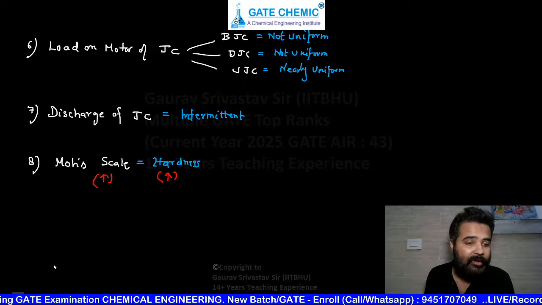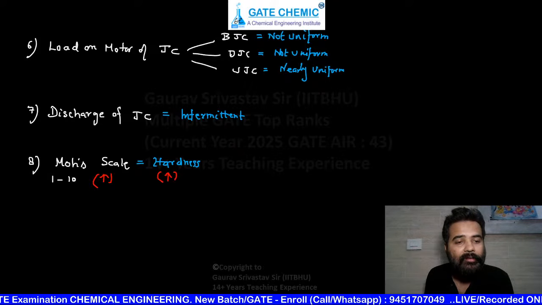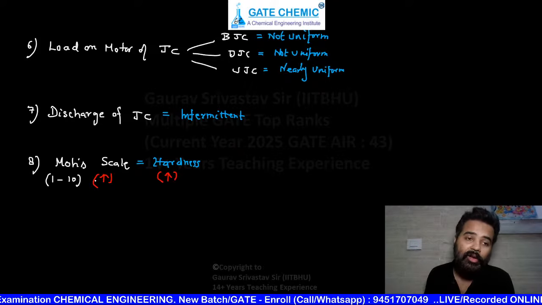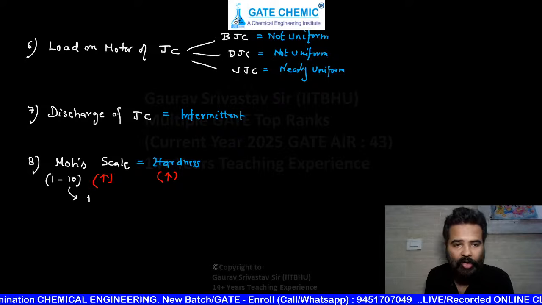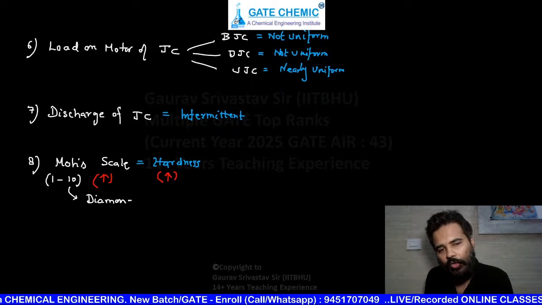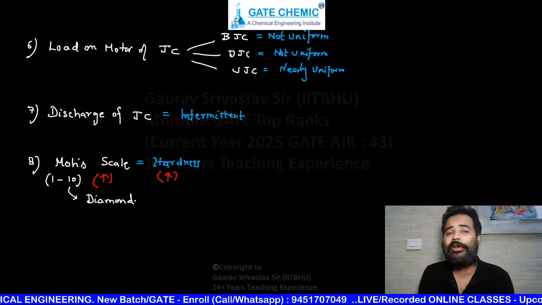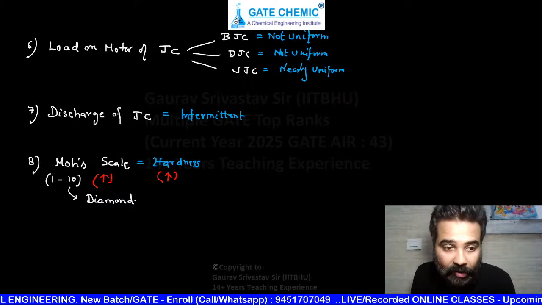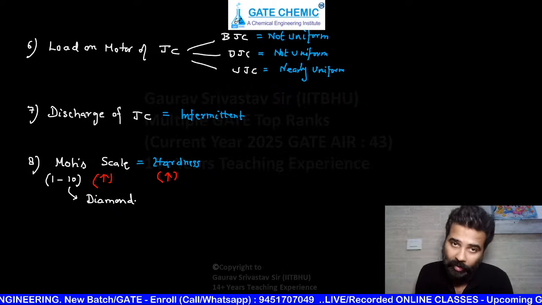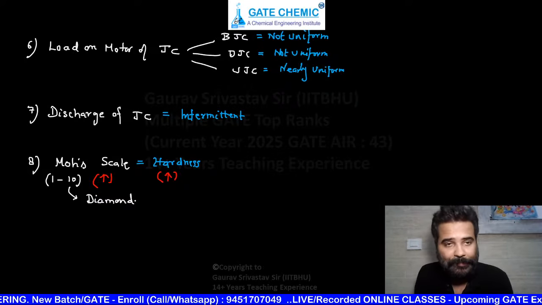The value is between 1 to 10. Out of these, 10 represents diamond. Only one thing you need to remember: for diamond its number is 10. The other numbers and names are not important. For diamond, the Mohs scale number is important, it's 10.